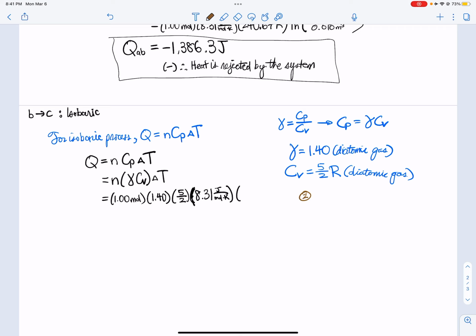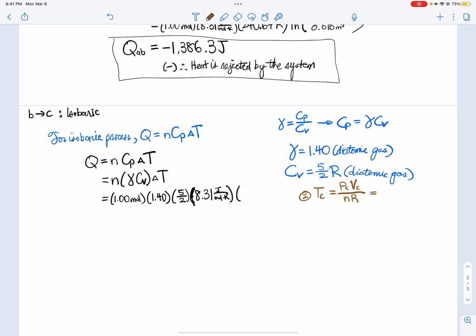Okay, to get the temperature at C, we would use the ideal gas law again, PV equals nRT, right? But I'm interested now in the temperature at C, so that would be equal to the pressure at C times the volume at C divided by the constants N, R, right?